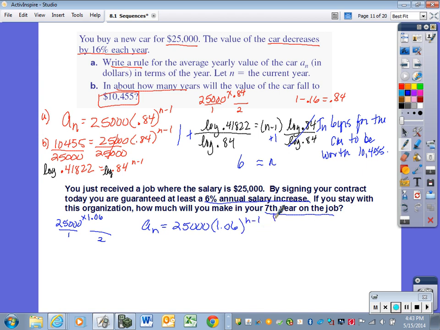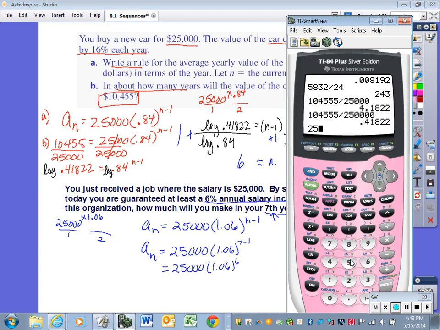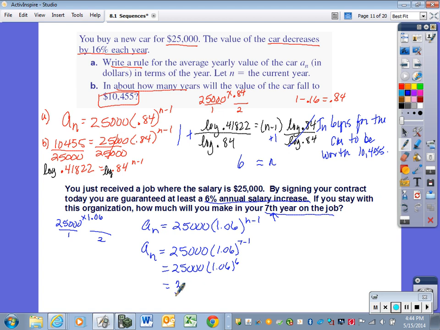My n is 7. 25,000 times 1.06, 7 minus 1. 25,000 times 1.06 to the 6. $35,462.98.